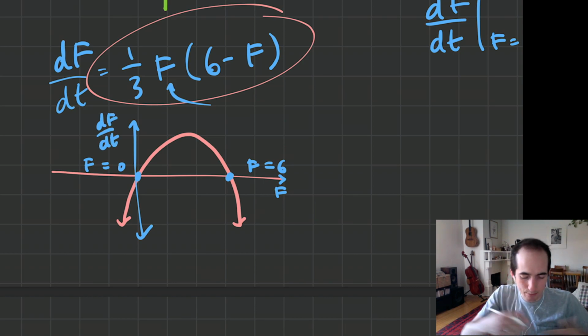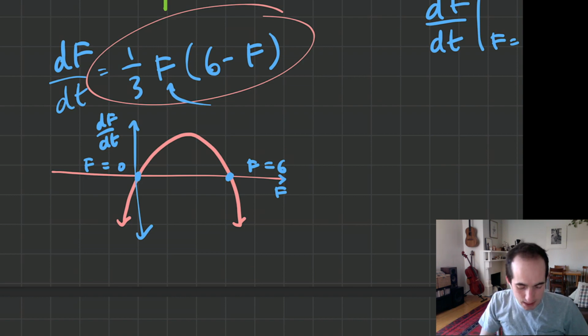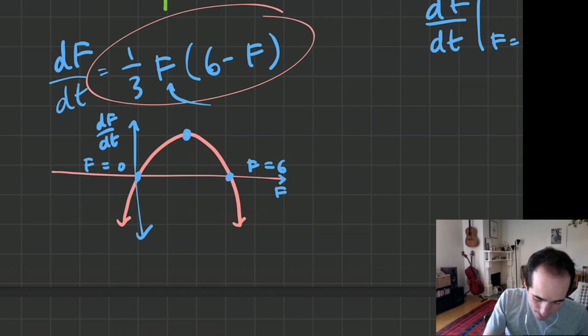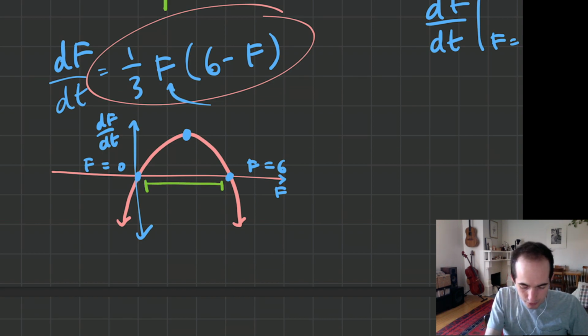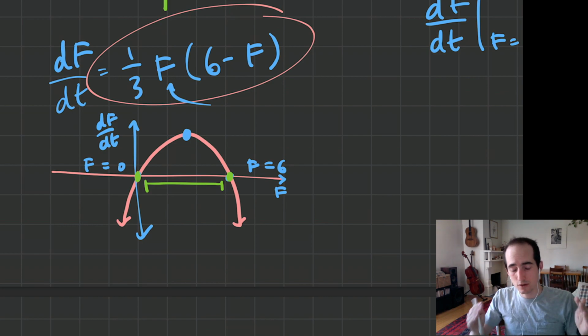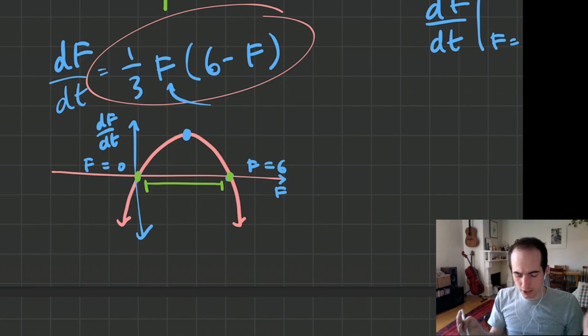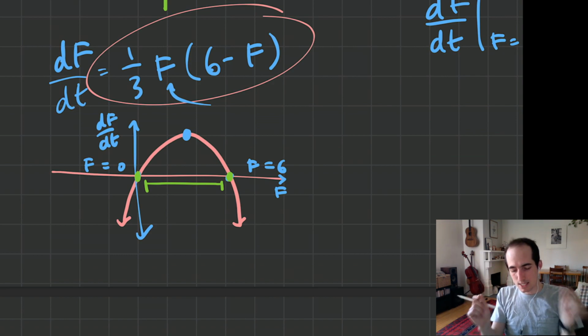So basically I'm looking at the relationship between df and dt. If you were to graph this, you would get this quadratic equation. It doesn't even matter what the maximum is, it's going to be in the middle. The vertex of a parabola lies right smack dab in the middle between its two roots.